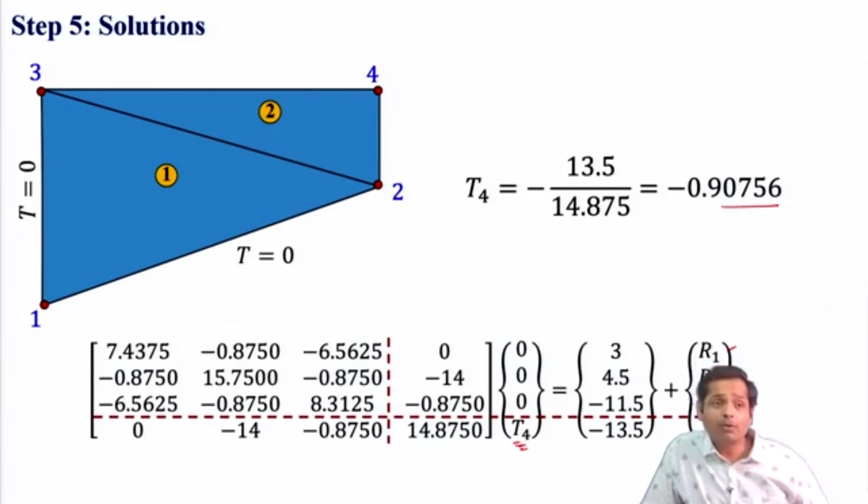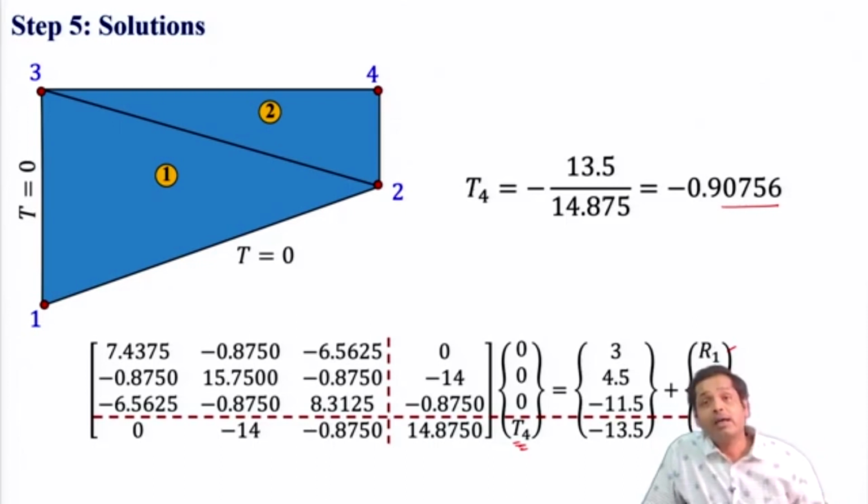But to use a quadrilateral element, we need to know the concept of isoparametric formulation. So in the next class we'll see what isoparametric formulation is, and once that is understood, we'll use this concept to get the solution of the same problem using a quadrilateral element.